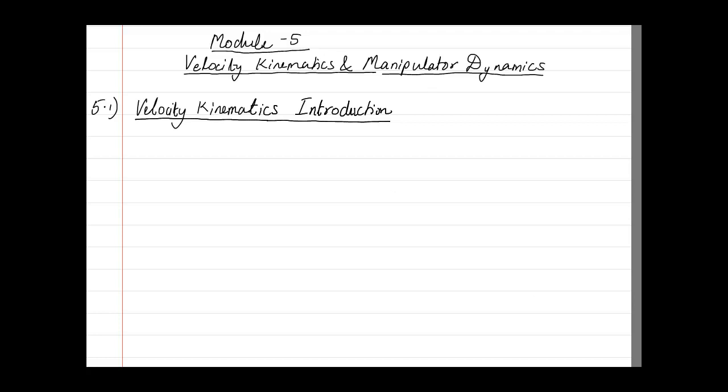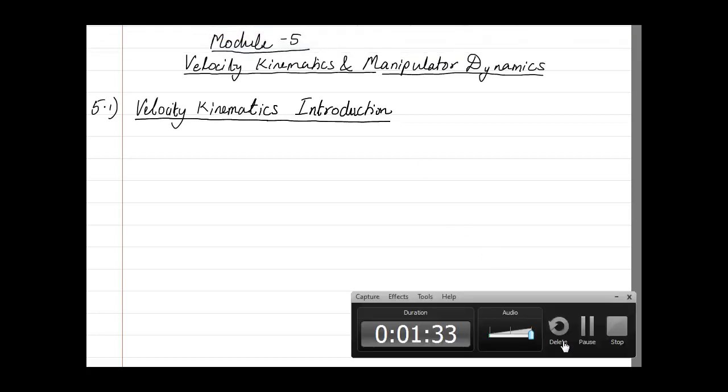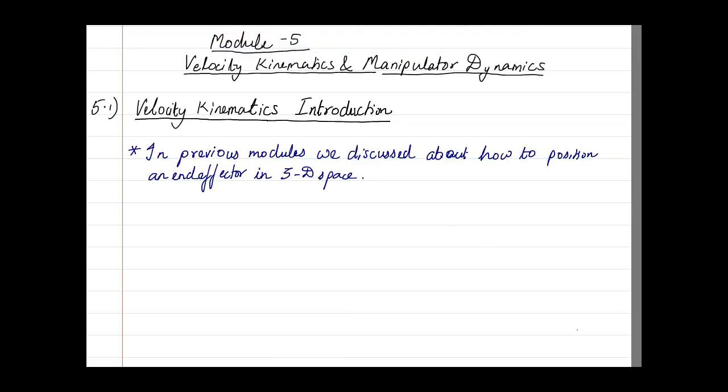Let me write that as a point. So in previous modules we discussed how to position an end effector in 3D space. So we have only discussed how to position it. But in this module, we have to discuss the movement of that end effector.